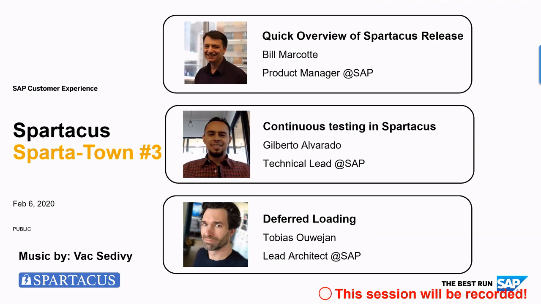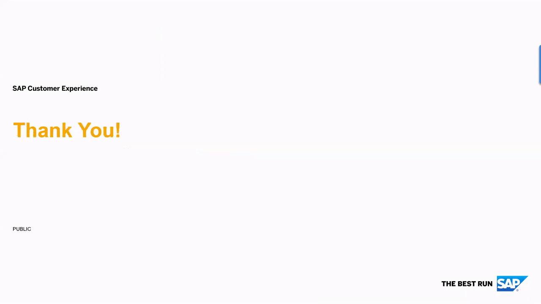He could not attend this session. A 5-minute overview about the status and the recent release of Spartacus. And finally, Tobias, the lead architect of the Spartacus project, is going to give you a deep dive into deferred loading. At any point of time, please feel free to leave your comments and questions in the chat, and one of our team members will be happy to answer you.